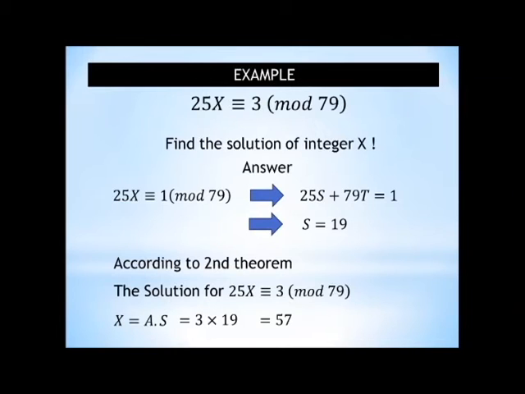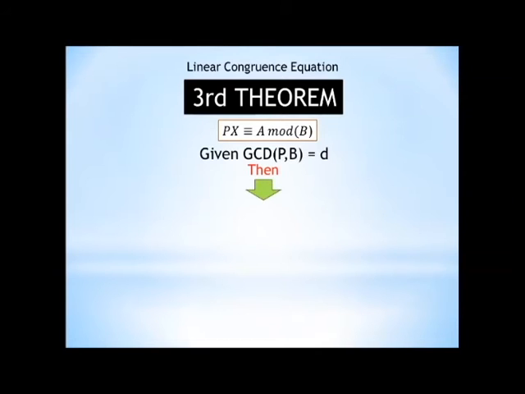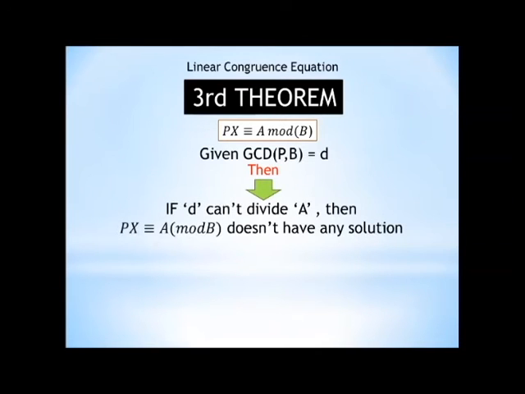And now we can go to the third theorem. The third theorem: given again the equation Px congruent A mod B, and suppose the GCD of P and B is D, then if D cannot divide A, then Px congruent A mod B doesn't have any solutions.